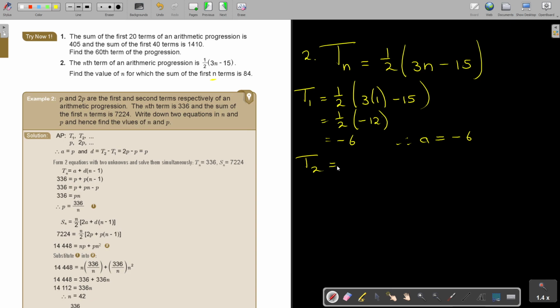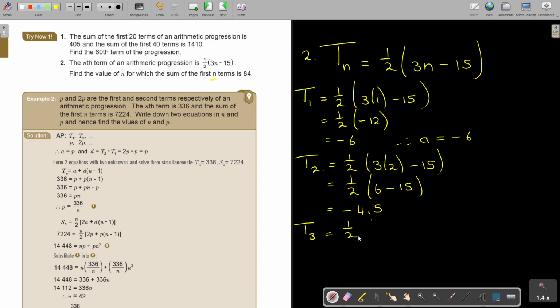T2, okay, it's going to be a half, but now it's 3 times 2 minus 15, so a half (6 minus 15), and that answer is going to be negative 4.5. And then T3, it's going to be a half (3 times 3 minus 15), and that's a half (9 minus 15).